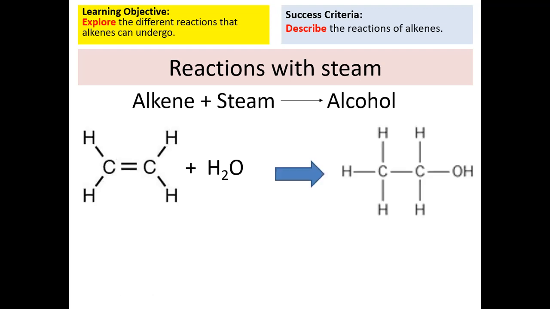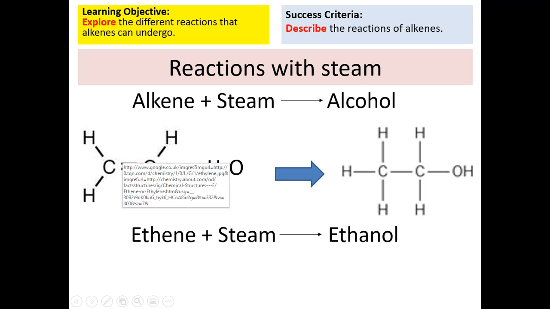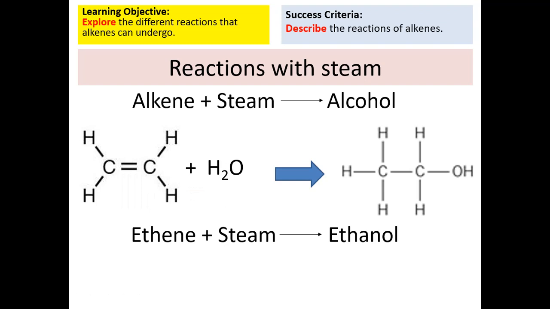If we look at an example here, we've got ethene, and then we've got H2O, that's our steam, making ethanol. Now, like before when we did the polymerization and when we added bromine water, the reaction goes on at the carbons at that double bond.